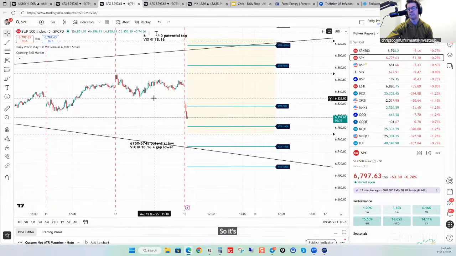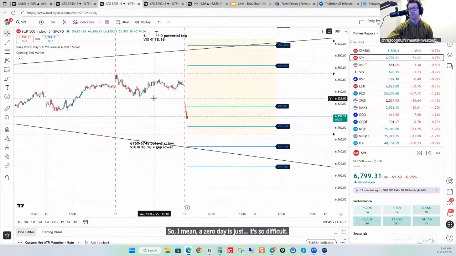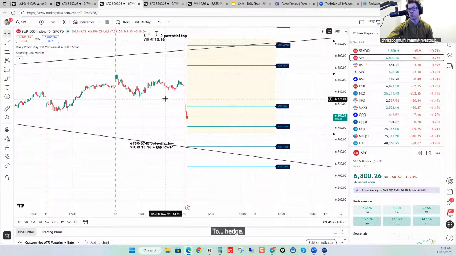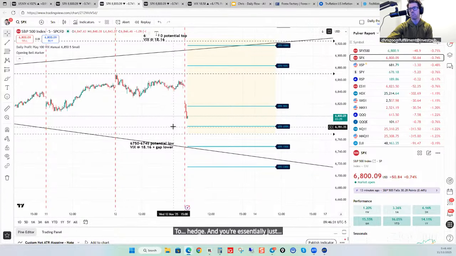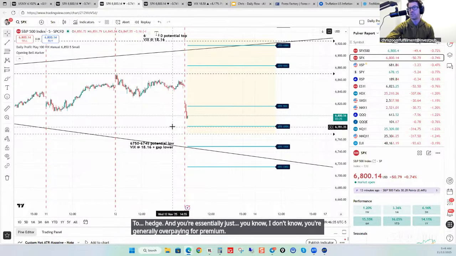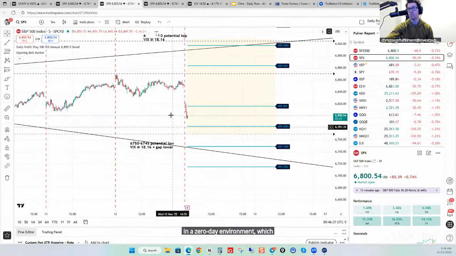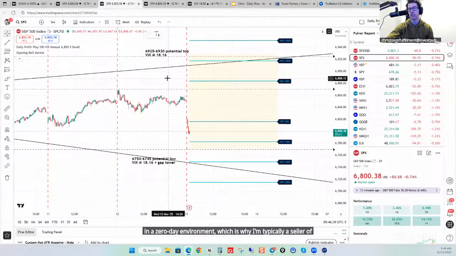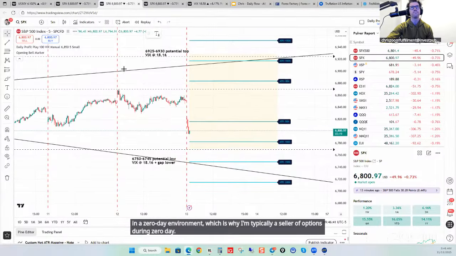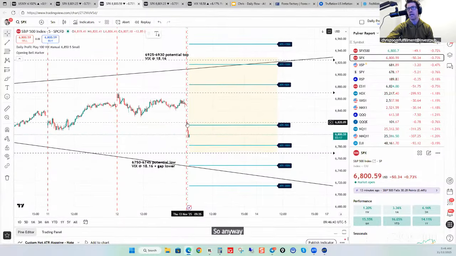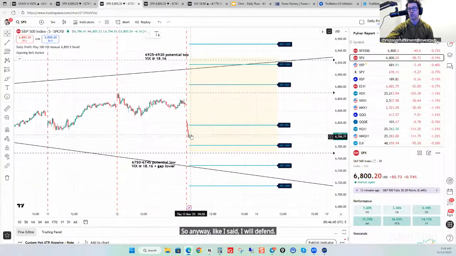So a 0 day is so difficult to hedge, and you're generally overpaying for premium in a 0 day environment, which is why I'm typically a seller of options during 0 day. So anyway, like I said, I will defend versus hedge.